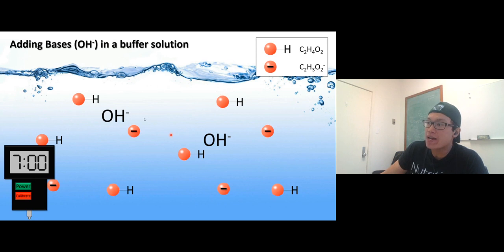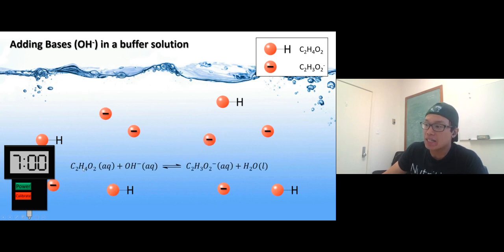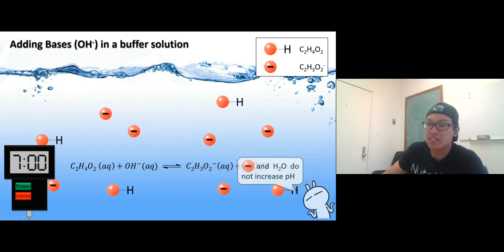We have an acid here, acid here, acid here. When this acid molecule sees the base, it grabs the base right away. Acetic acid reacts with hydroxide ion and becomes acetate and water. And these two, acetate and water, do not change the pH. I mean, it changes just by a little, but not a lot, right? And pH doesn't change that much.